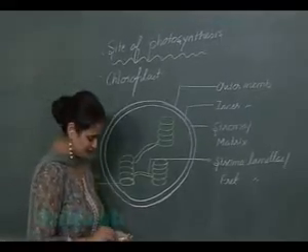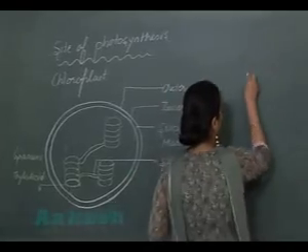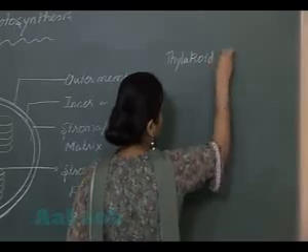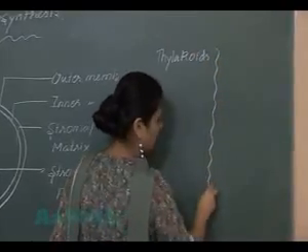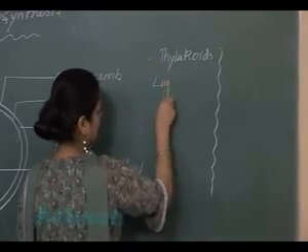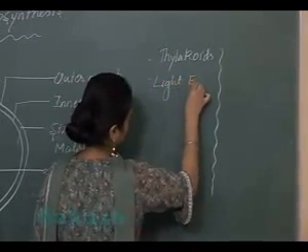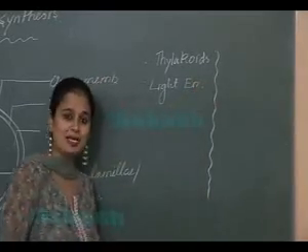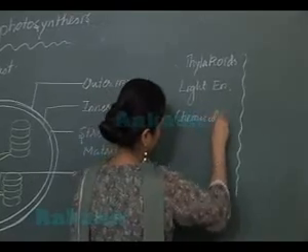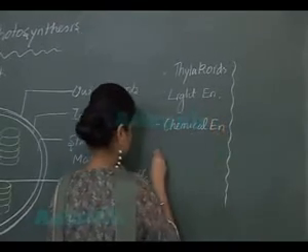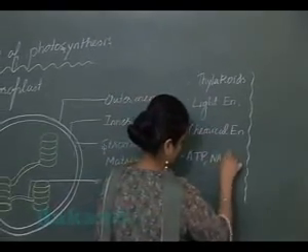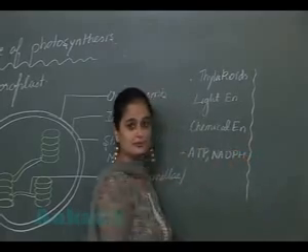Now in the photosynthesis, the membrane of thylakoid contains photosynthetic pigments. These pigments will absorb light energy and convert it into the chemical energy, that is ATP and NADPH.